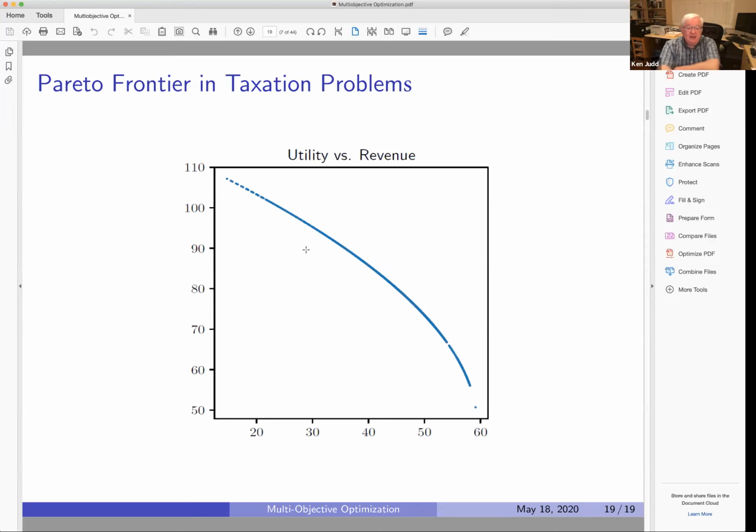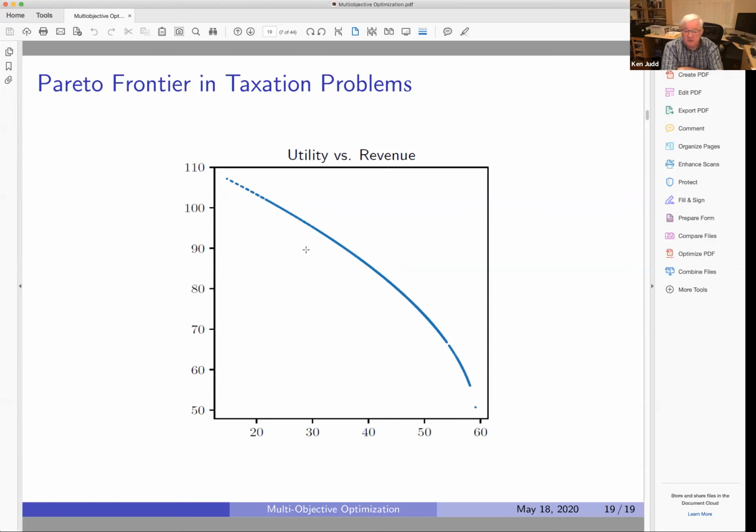Now, in the tax problem, here's the trade-off that one faces. You have the utility versus the revenue. Revenue is just dollars, how much money you raise by the taxes. Now, the utility scale here could be thought of as the utility of the representative agent.